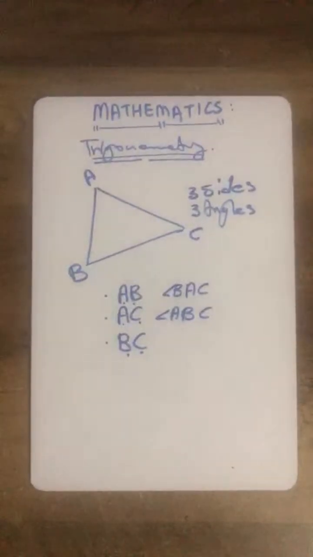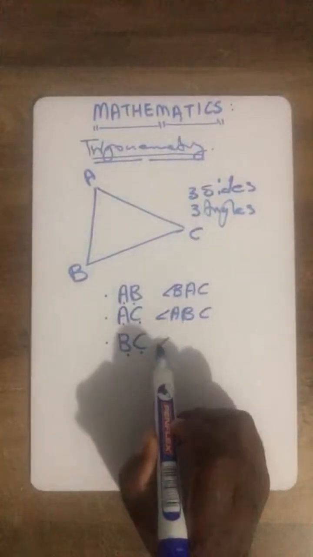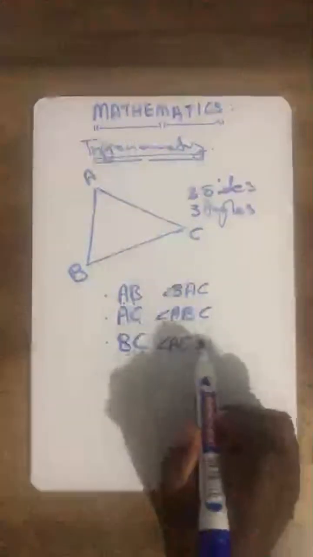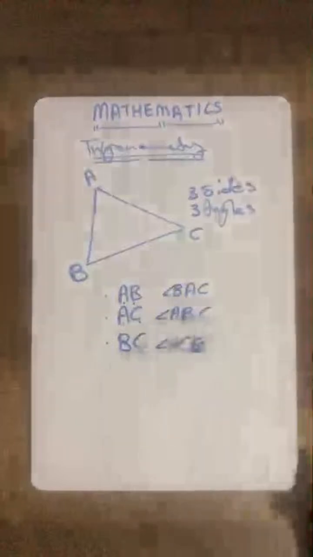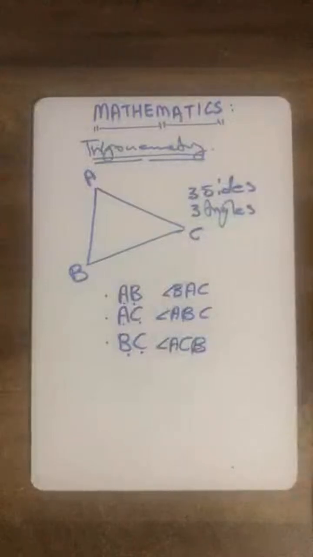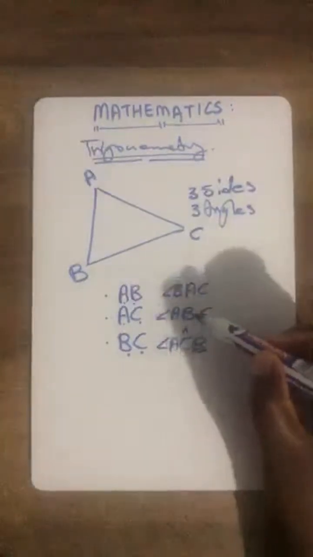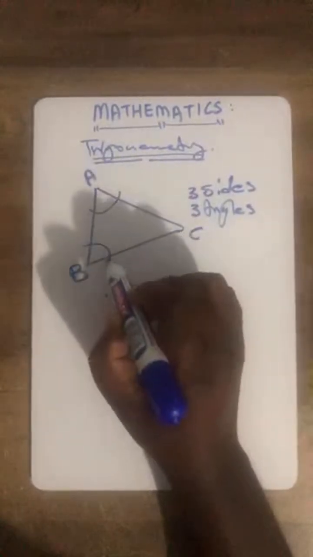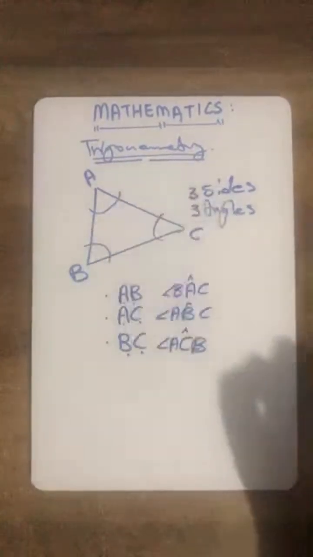And again, angle C in that triangle of ACB. The angle is the one in the middle, so there we've got angle A, angle B, and angle C.